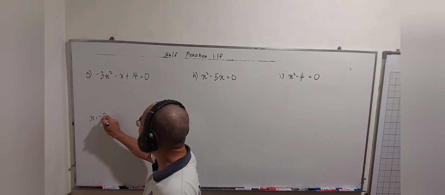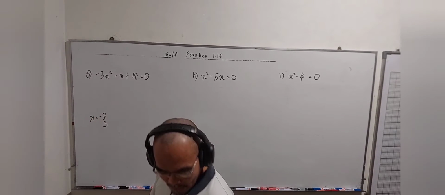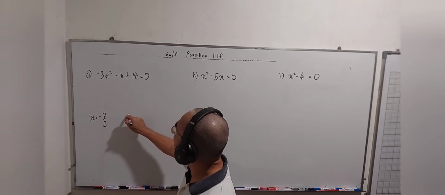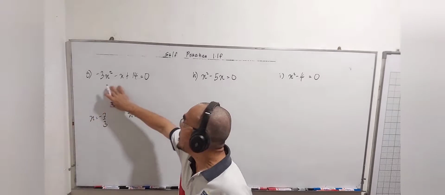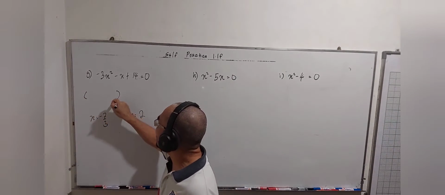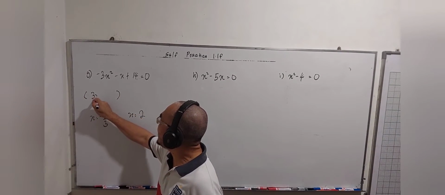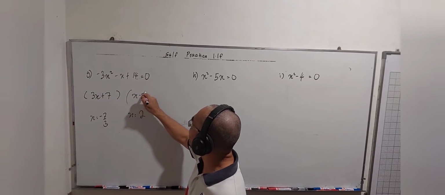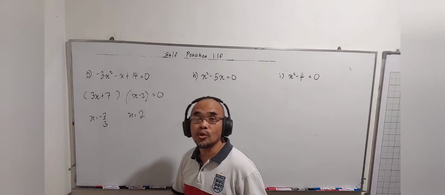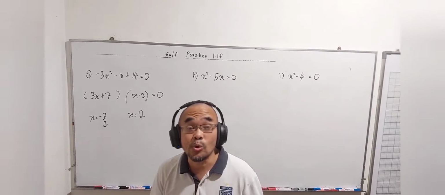So x is negative 7 over 3, and the other is x equal to 2. If you notice, I just put some space here for the factorization. Here will be 3x plus 7, here will be x minus 2 equals to 0. Don't forget about equal to 0.